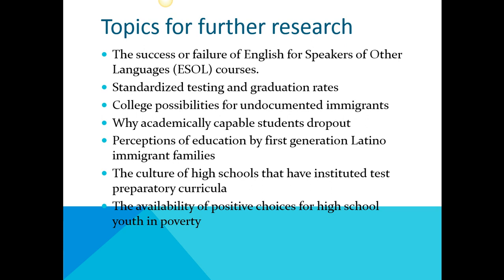So these are all ideas for research. As you begin your research, you may veer off a little bit, but as long as it goes to the relevant problem, you're going to be okay.